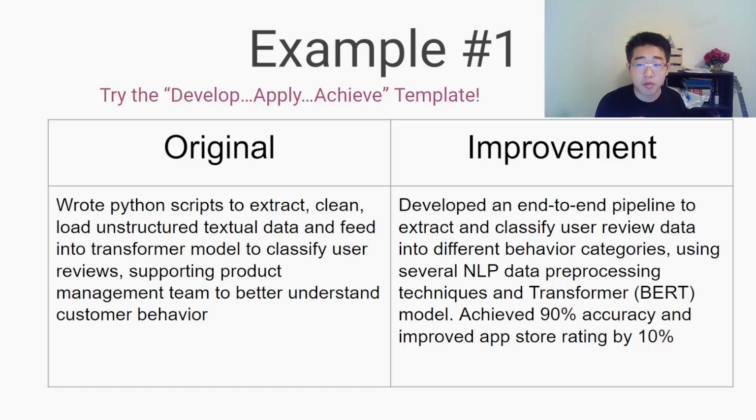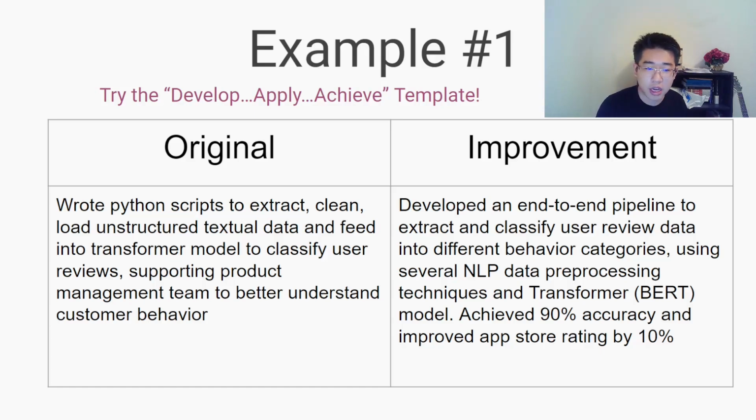Developed an end-to-end pipeline to extract and classify user review data into different behavioral categories, using several NLP data pre-processing techniques. Okay, NLP buzzwords and transformer model. Okay, let's include an example. BERT, probably the most well-known one that first used the attention mechanisms.